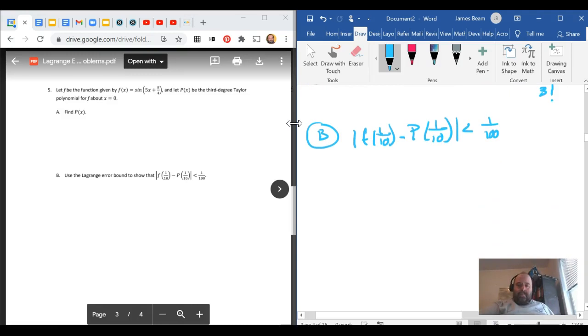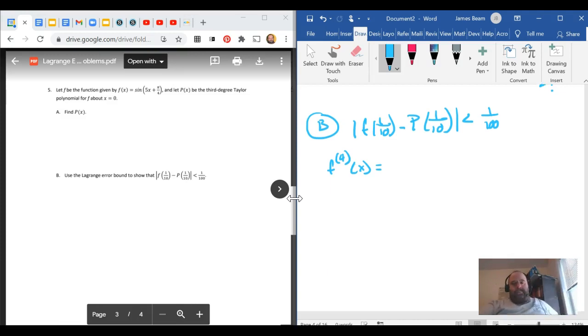Okay, so what's going on here is I need to look at what is the fourth derivative of f. Okay, so what is the fourth derivative of f of x? This is going to take a little bit of work, but we can do this.